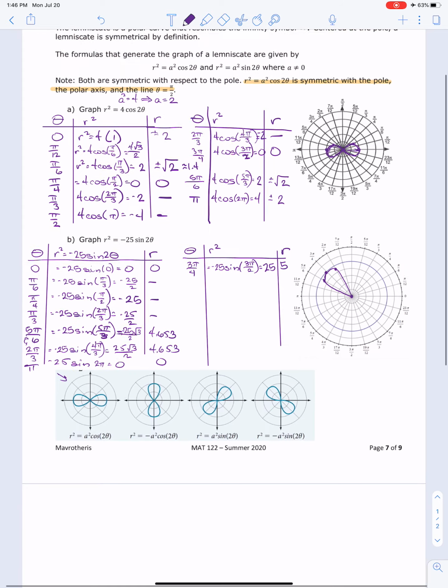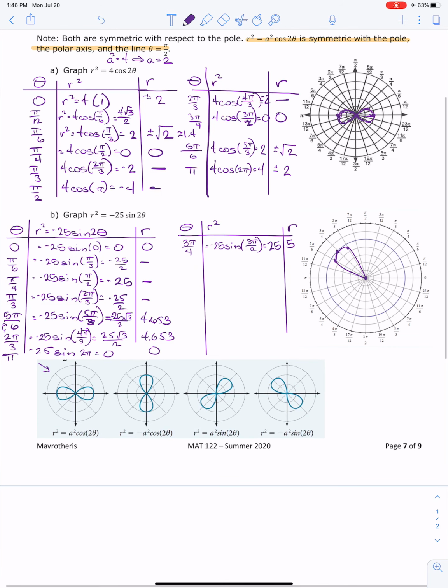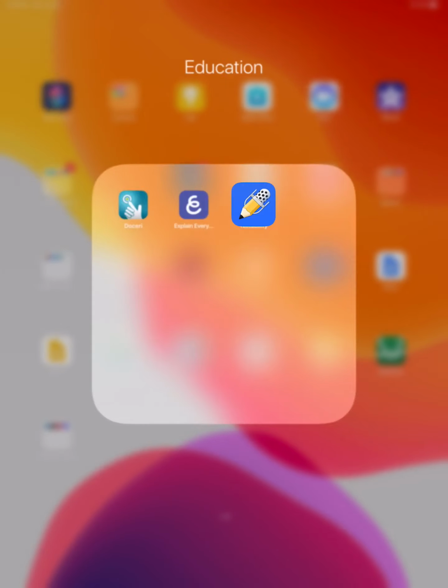Okay, now rather than cranking out more values and having you sit here and watch me, we're going to use the fact that this is symmetric about the pole, which means that when I plug in 5 pi over 3, I'm going to get that 4.653. Same thing when I plug in 11 pi over 6.